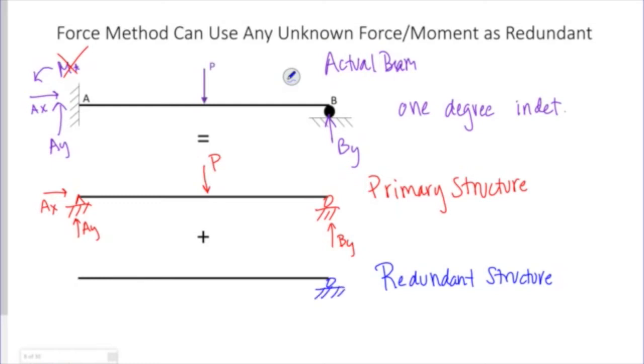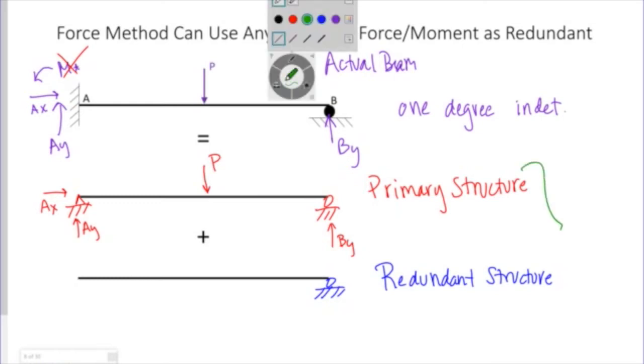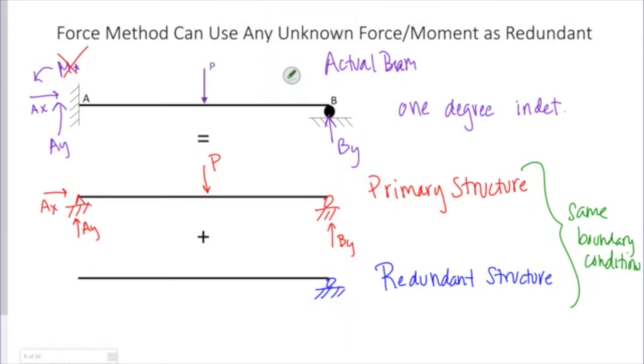So your primary structure and your redundant structure, or your primary beam and your redundant beam, have the same boundary conditions, right? Same supports.